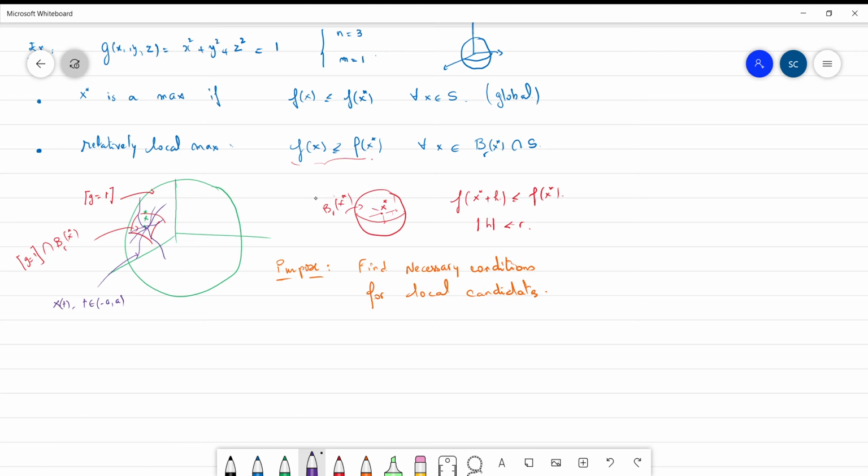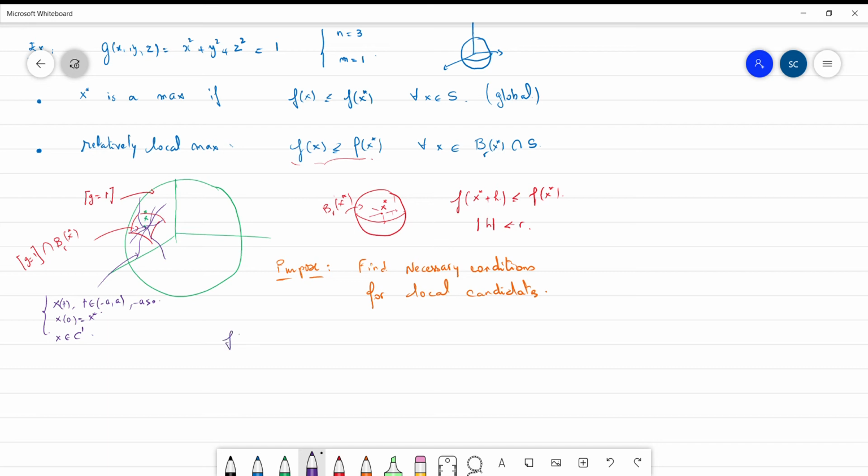We want them crossing the point x star, with points from both sides of the curve, and x at 0 is x star. So we want a regular curve, and x is C1. Why not consider all these curves for a small interval? Then look what we can do.